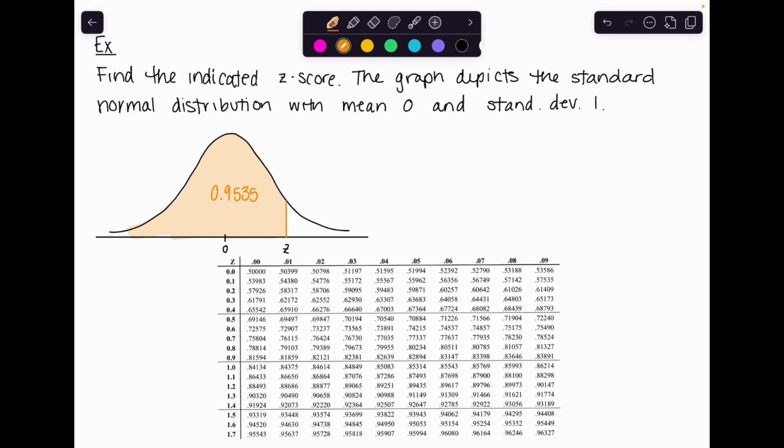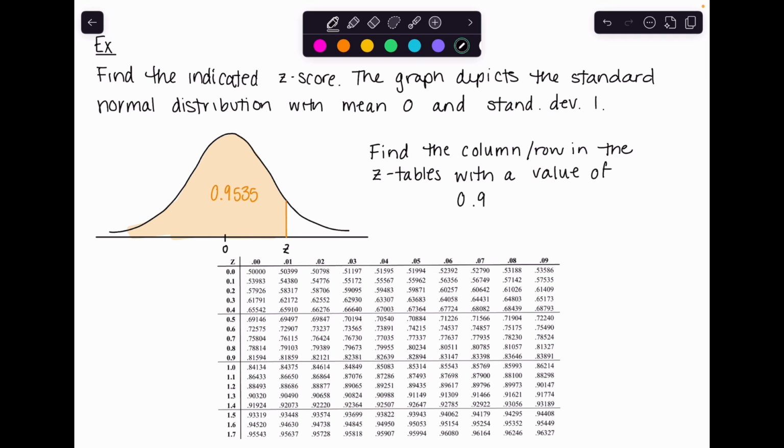So I need to find the column and row in our chart in the Z table with a value of 0.9535 or as close to it as I can.